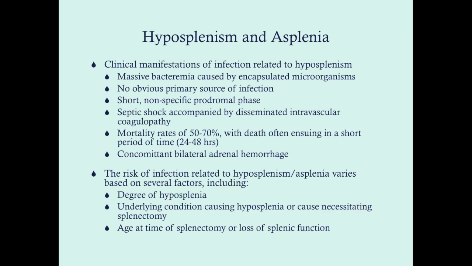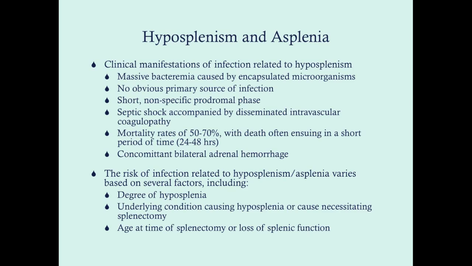So, for instance, if your spleen were removed because of trauma or because of red blood cell membrane defects, so if, for instance, you necessitated multiple transfusions due to something like sickle cell disease or congenital leptocytosis, your risk of having sepsis is only about 2 to 4%.